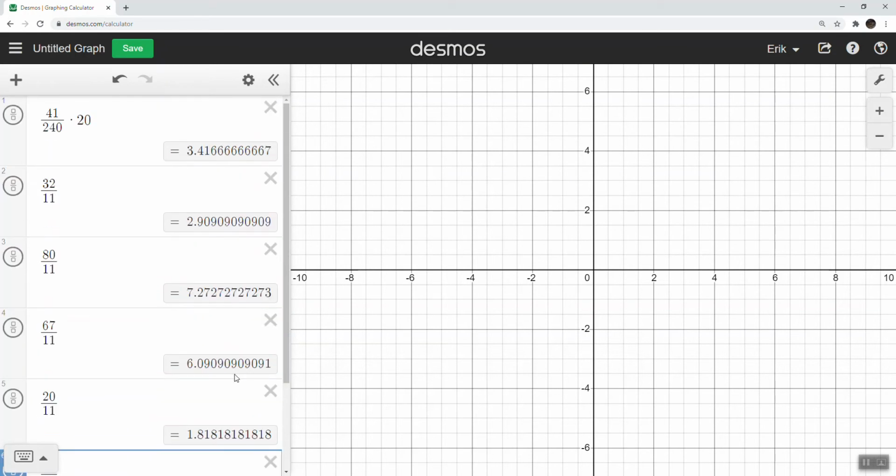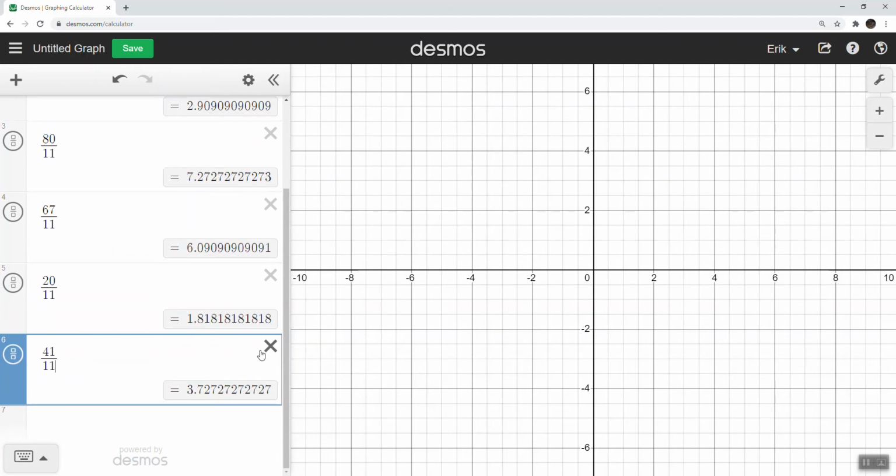Okay, so let me write these down. The modified quota for the 32 is the 2.91, and then for the 80, 7.27, and the 67 is 6.09, and then the 20 is 1.82, and that 41 is 3.73.